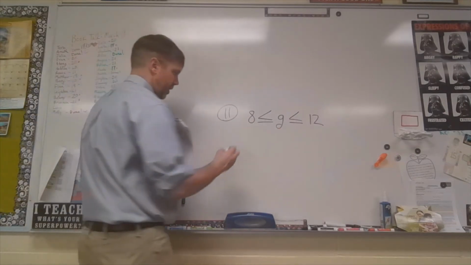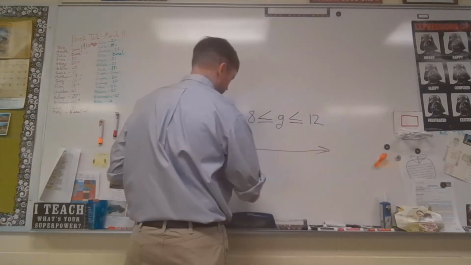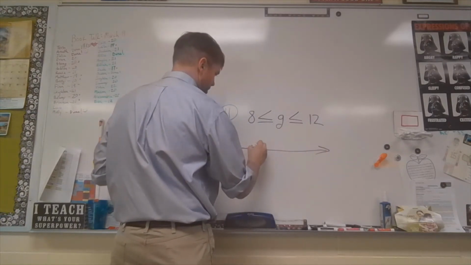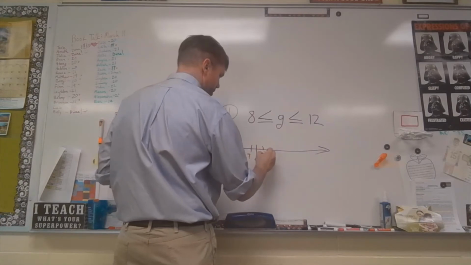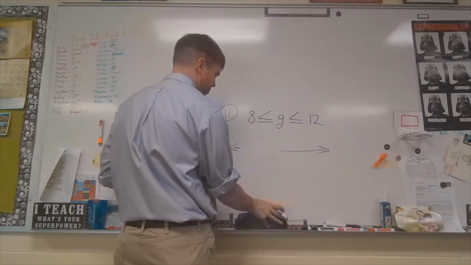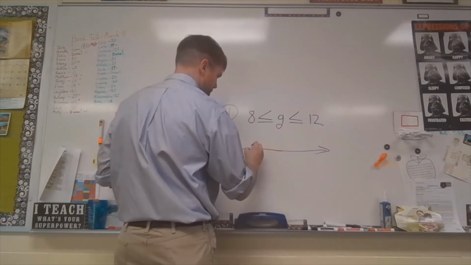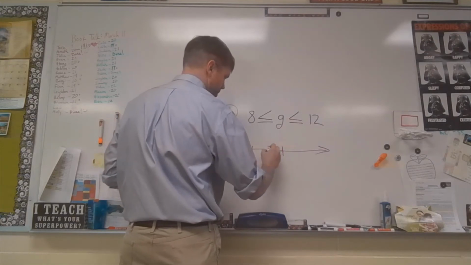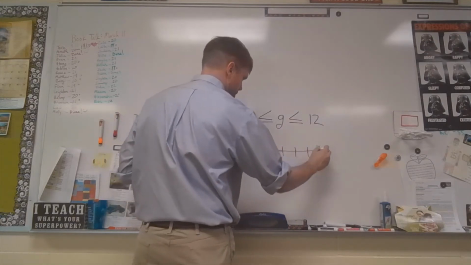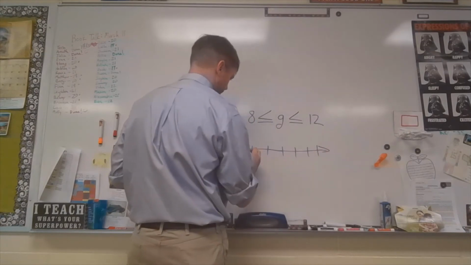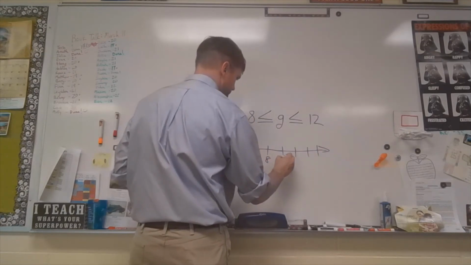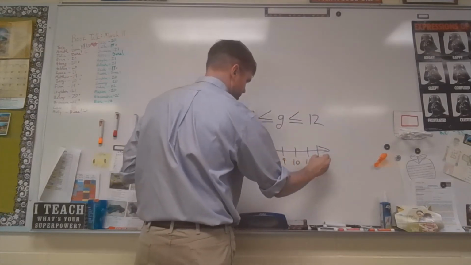And if we were going to do a number line, which you definitely don't have to, right? I'm going to say 7, 8, 9. Oops, I probably could have spaced those out a little bit. Let's do this better. Something like that. All right, 7, 8, 9, 10, 11, 12.